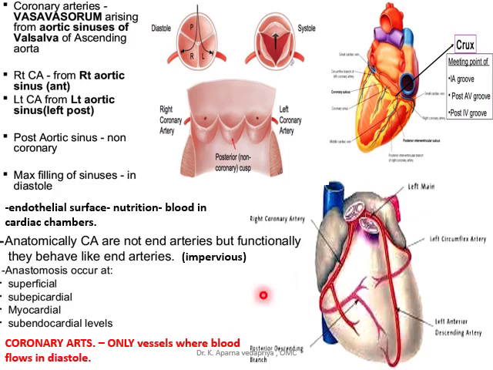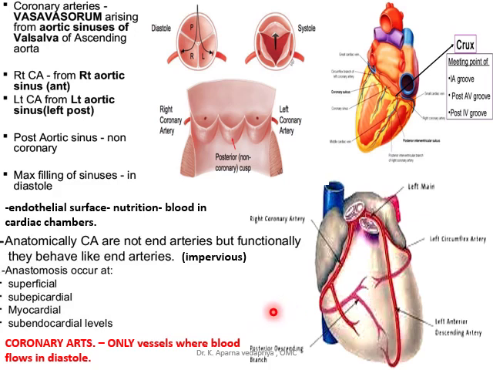So these coronary arteries are considered anatomical end arteries. Anatomically they are not end arteries, but the anastomosis happening between the coronary vessels is impervious, that is, it is not functional.